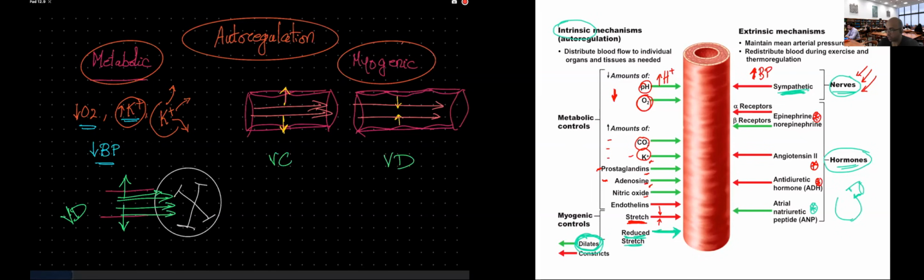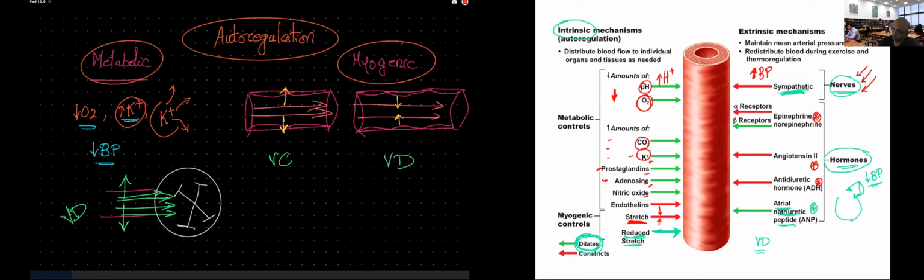So it's going to be trying to reduce the blood pressure in the arteries by releasing the atrial natriuretic peptide that induces the dilation of the vessels, and this is going to cause a drop in the pressure.